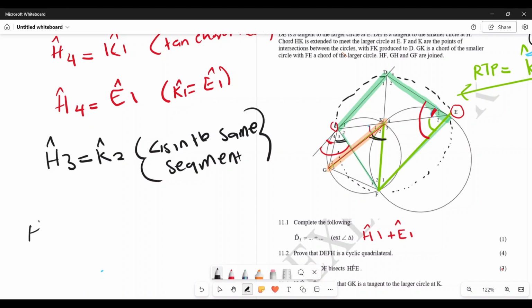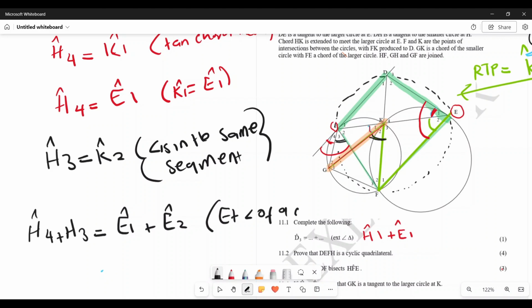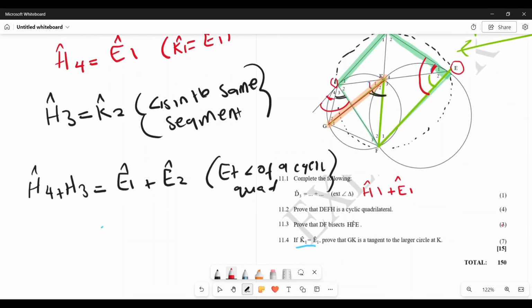Now, I know that H4 plus H3 are going to be equal to E1 plus E2. Why is that? As I've said, exterior angle of a cyclic quad. Now, remember, my H4, I said it's going to be equal to E1, right? So these two are equal to one another.